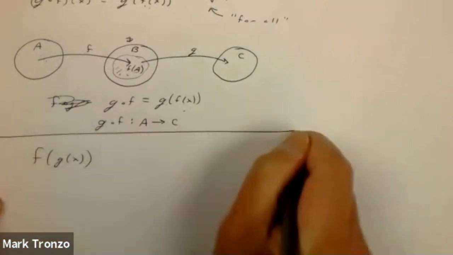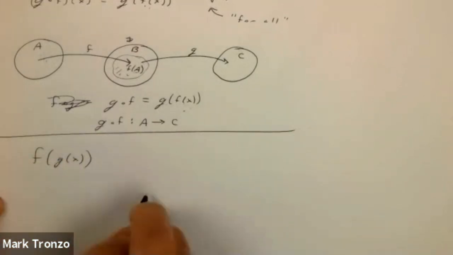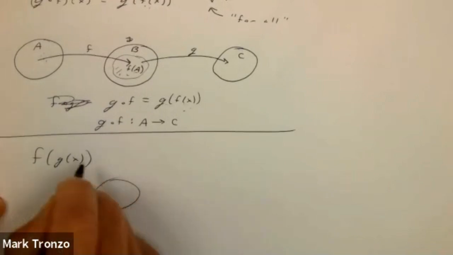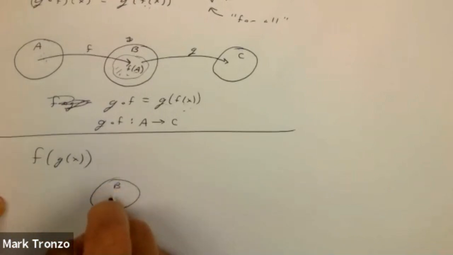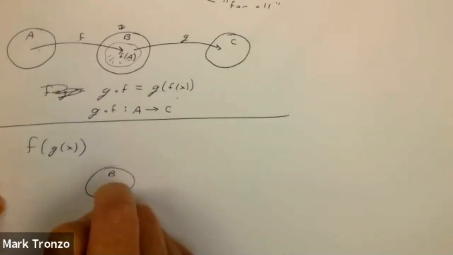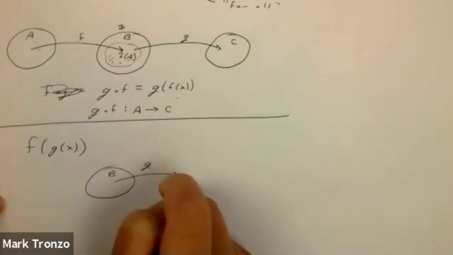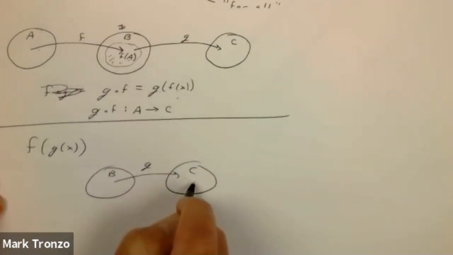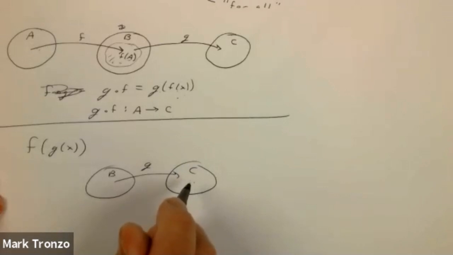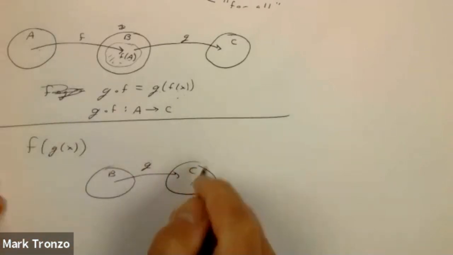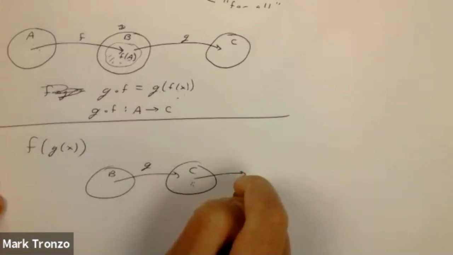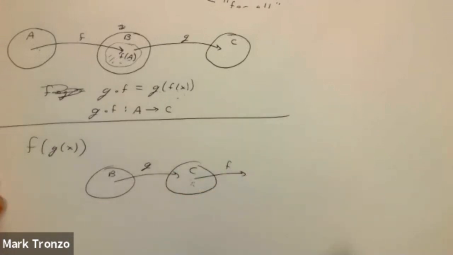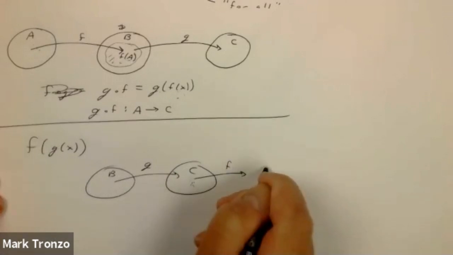If you did this, let's take a look at that. You're taking something from B and you're going to map it to C. Then, assuming you could put these values from C into f, f would go to, once again, probably some subset.